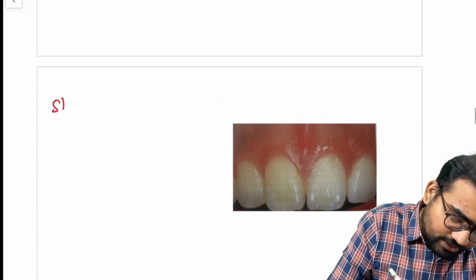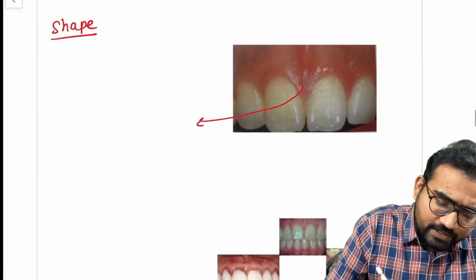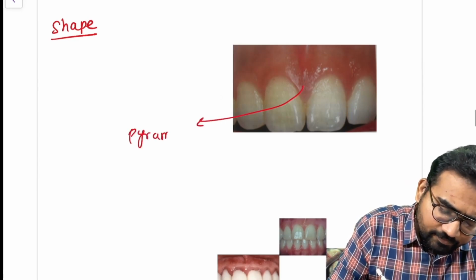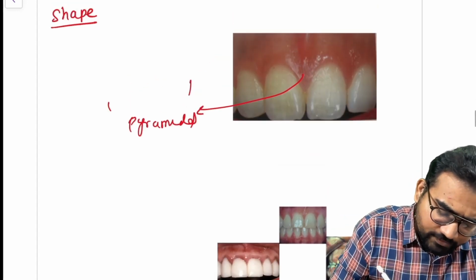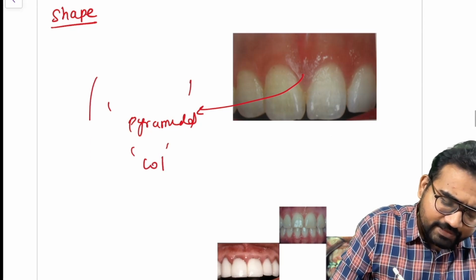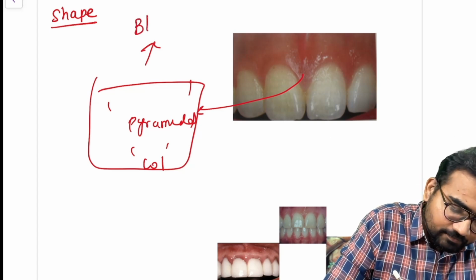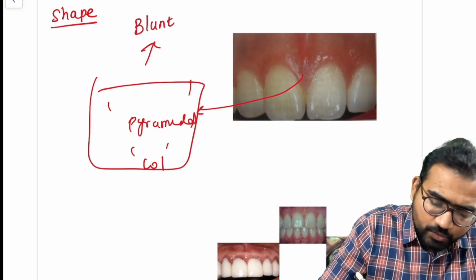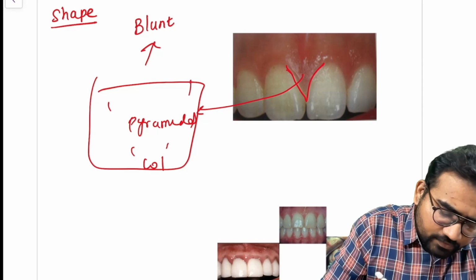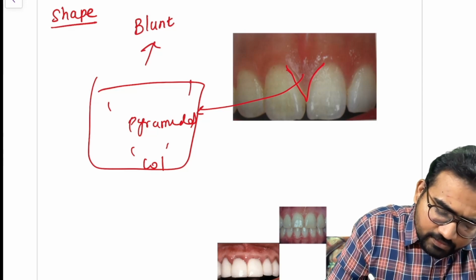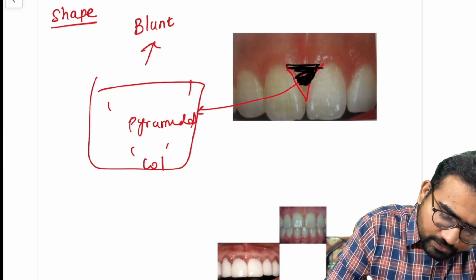Next is your shape. As I told you, anteriorly it is going to be pyramidal in shape, and posteriorly it's going to be col shaped. In case of any inflammation, it's going to be blunt, which means it will not be this sharp. Instead it will be blunt, something like this.